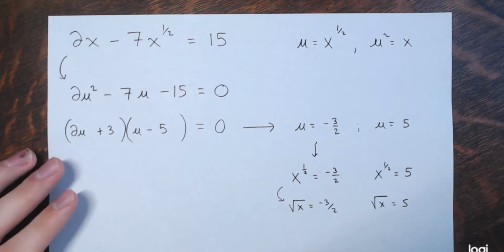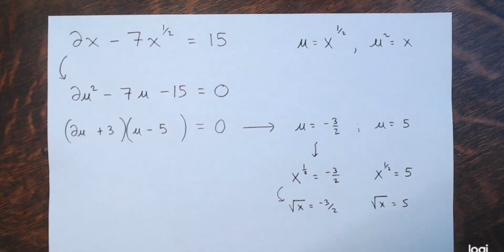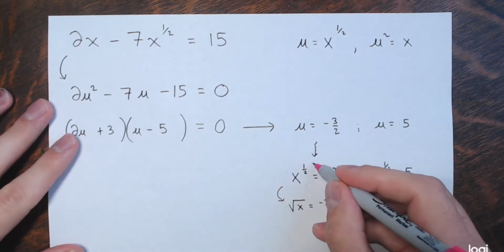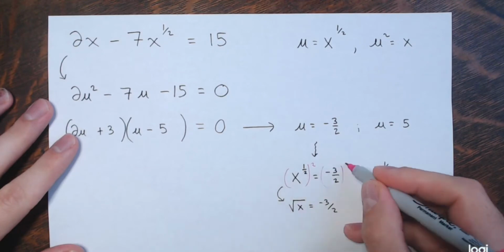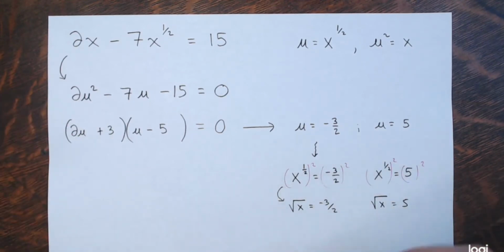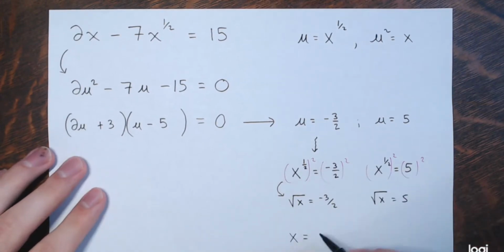Now let's say you didn't see that. This is one where you really have to check your solutions. To undo this, I'd square both sides, raise both sides to the 2nd power. Same thing for this equation, square both sides to get x to the first. So we get x equals 9/4 from there. Here we get x equals 25.